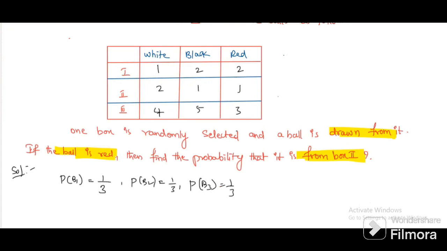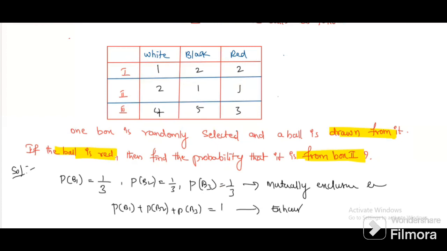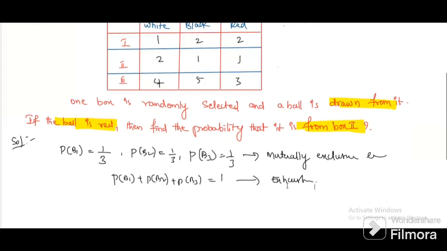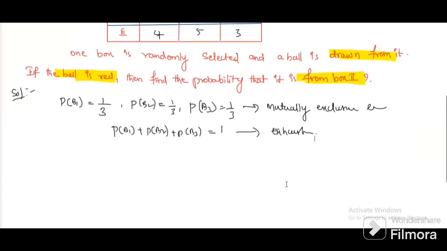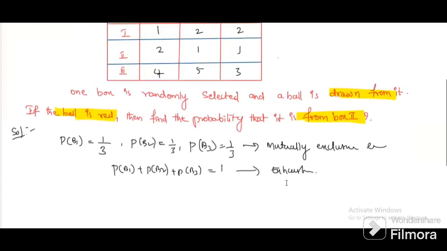The selection of boxes does not depend on any other box, so these are purely mutually exclusive events, and if you add them all, you get the total probability, the sample space 1, meaning exhaustive events. Since these are mutually exclusive and exhaustive events, we can apply Bayes' theorem here.